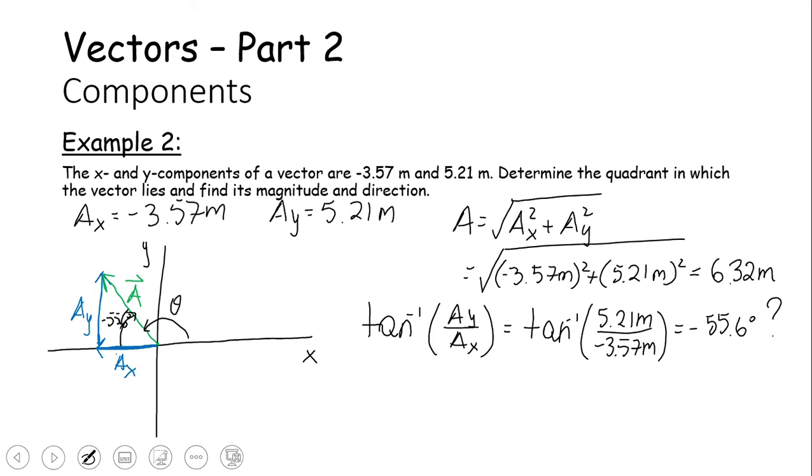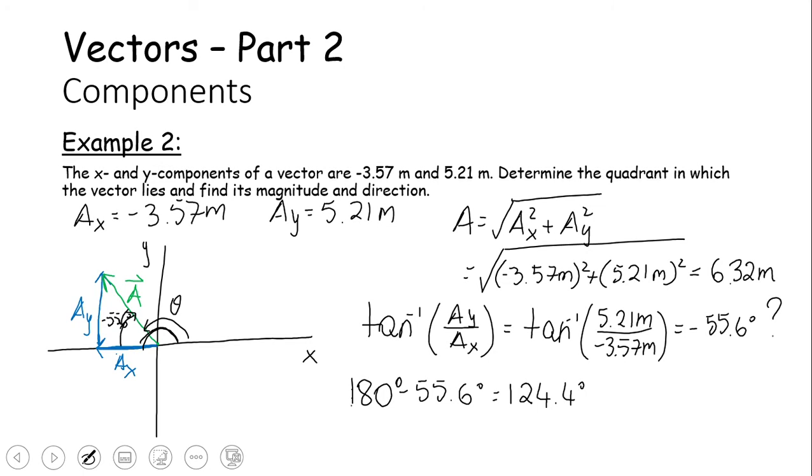So in order to determine what theta is, you have to remember the fact that this angle here between the positive and negative x-axis is 180 degrees. And so you have to do 180 minus 55.6, and that gives you 124.4 degrees, which is in fact the correct angle that the vector makes with the positive x-axis.